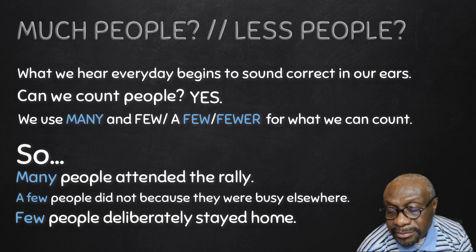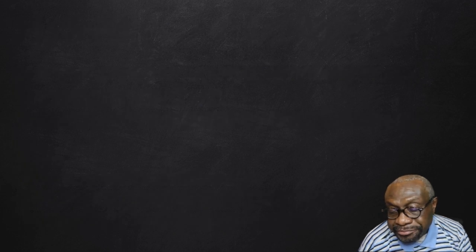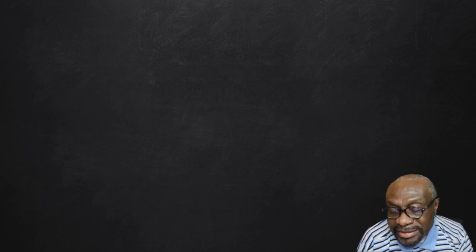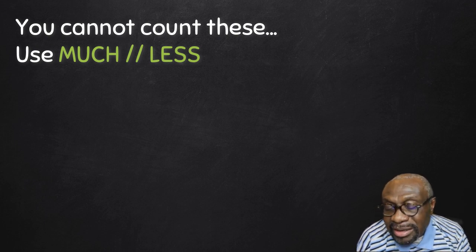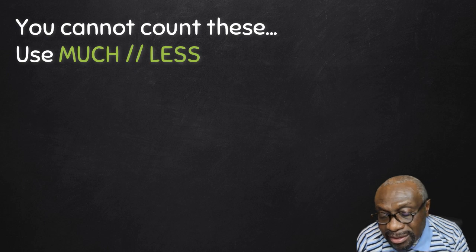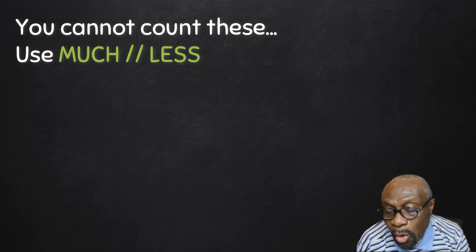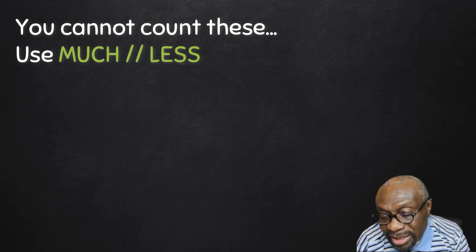Take a look at this. If there is something you cannot count, that is when you use much or less. In other words, much, less for uncountable nouns, and then more and fewer for what you can count, countables.